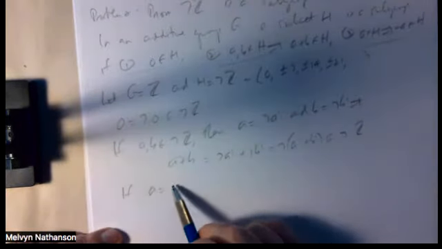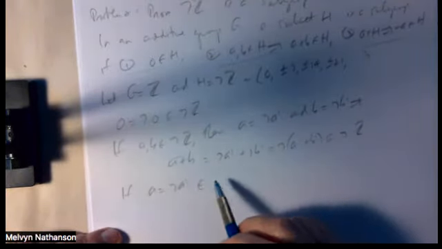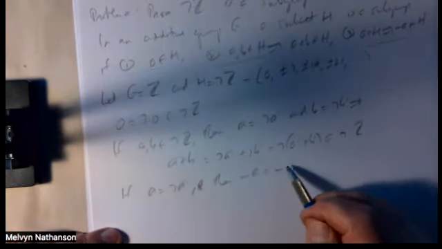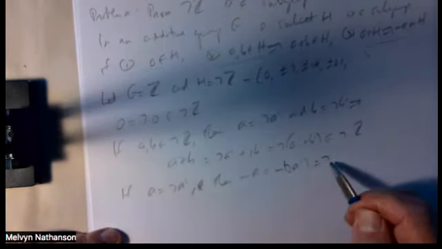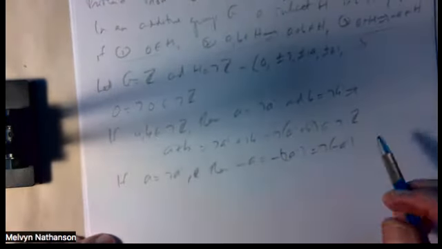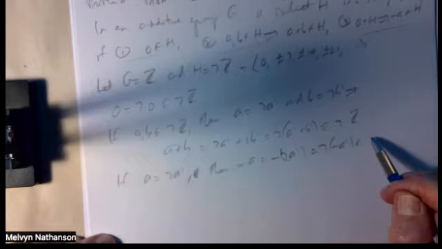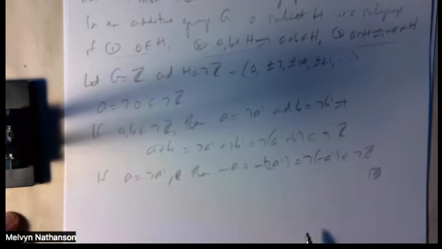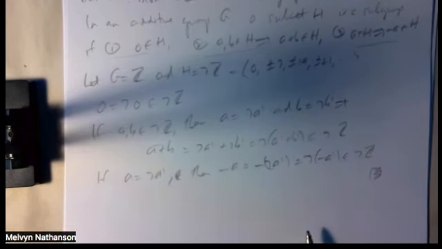And if A equals 7A prime, then minus A is minus 7A prime, which is the same as 7 times minus A prime. Again, this is an integer multiple of 7, so this is in 7Z. So all three properties are satisfied, and we have a subgroup. Again, there are other arguments that you can give to prove this that are equally valid. This is just a simple, straightforward way to do it.